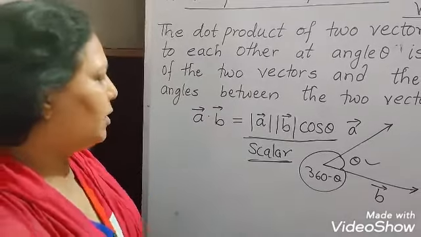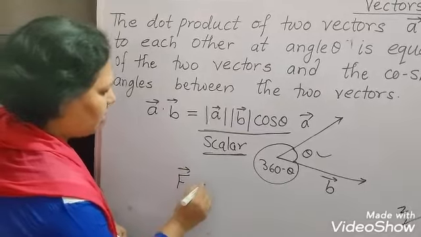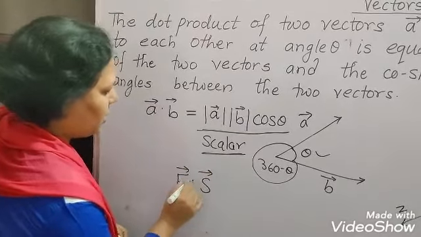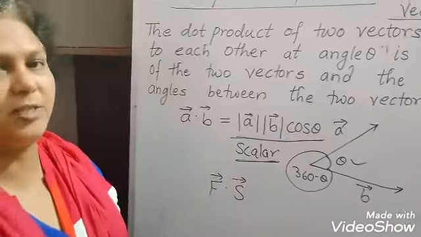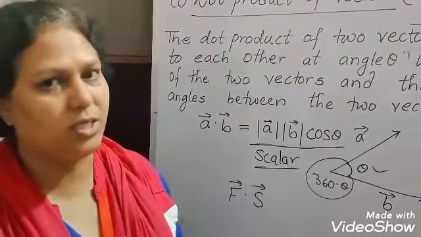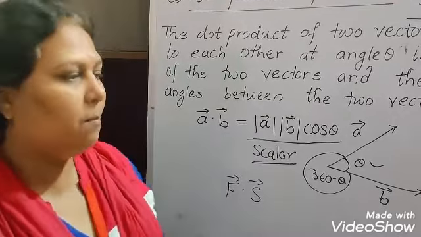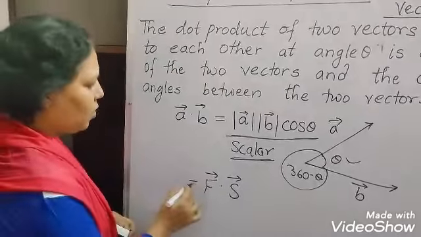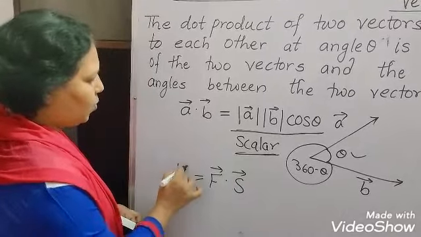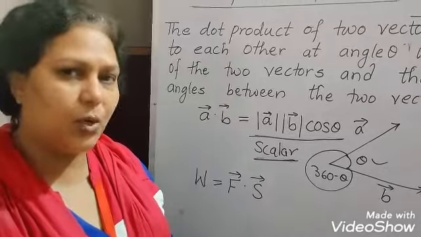For example, we take the product of force and displacement. You know very well the force is a vector quantity as well as the displacement is also a vector quantity, but the result of these two is work, and work is a scalar quantity.